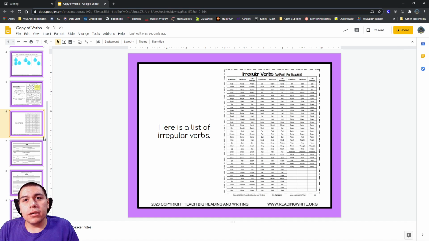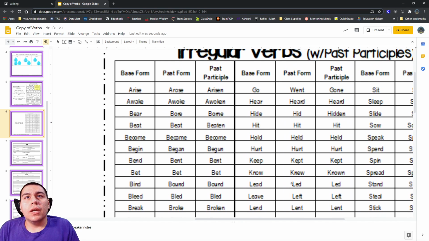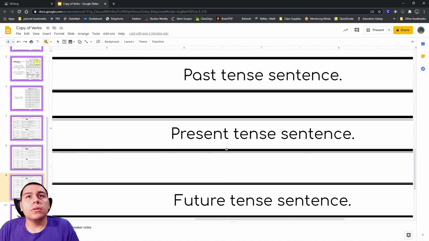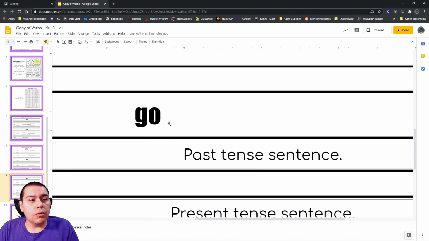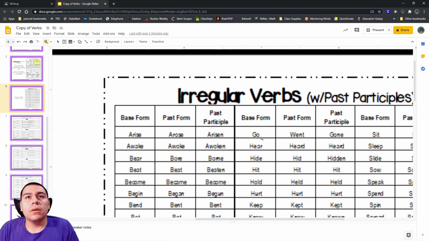If I look back here at slide 6, I could zoom in and I could find give on my chart and see what that past tense should be. The same thing is true with go. That's an irregular verb. So if I look at my chart, I can find go and find the past tense.